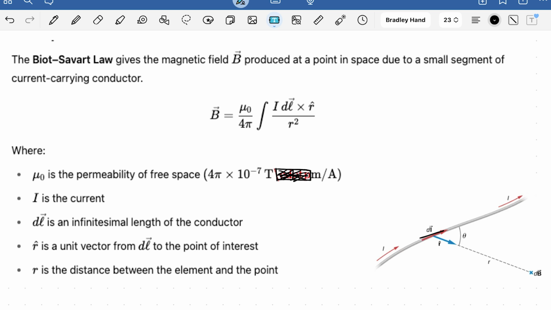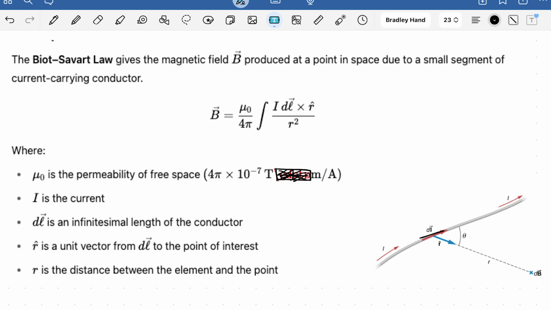Now, this is just a unit vector showing the direction of the magnetic field. Therefore, if you want the expression for dB, it is just mu naught by 4 pi I dl by r squared. But when you integrate it, you get the magnetic field due to the entire conductor.